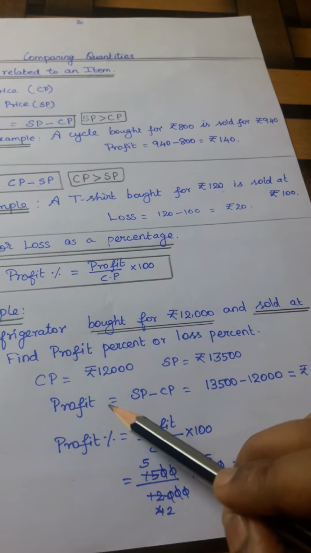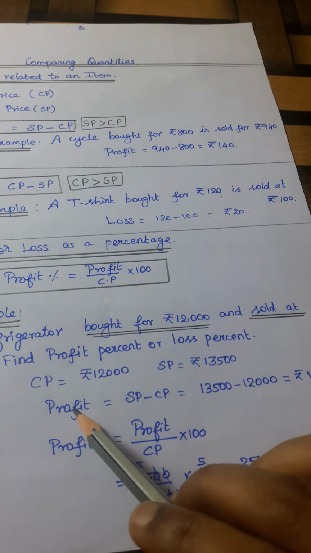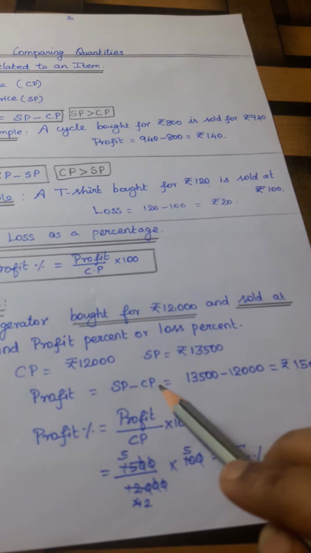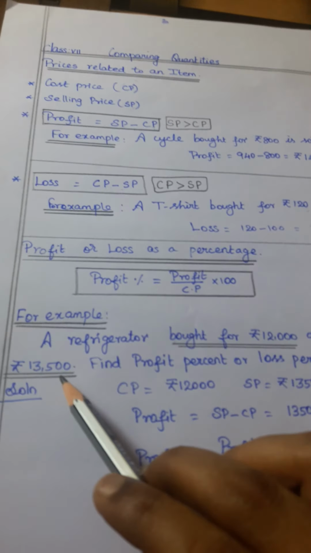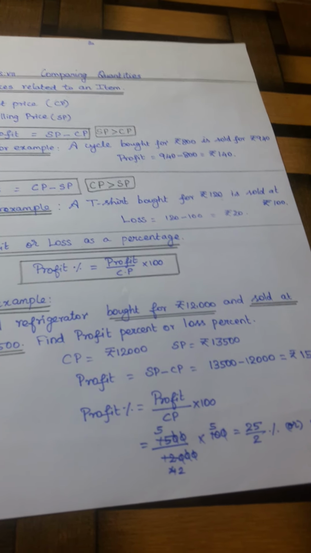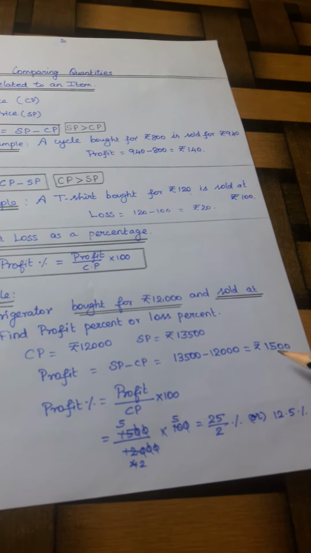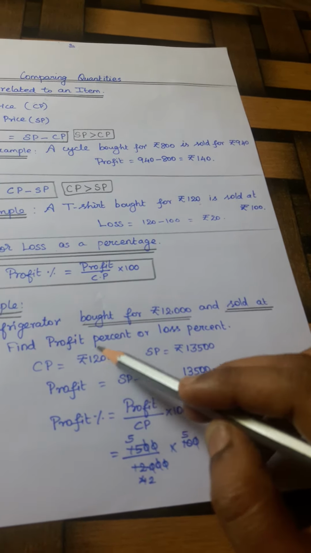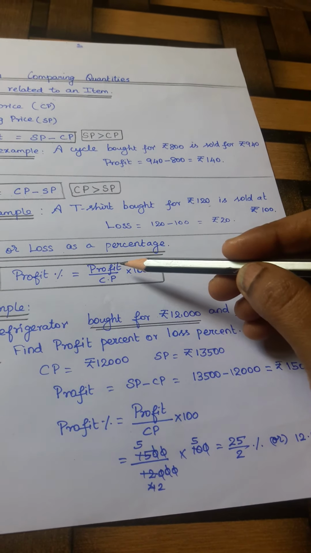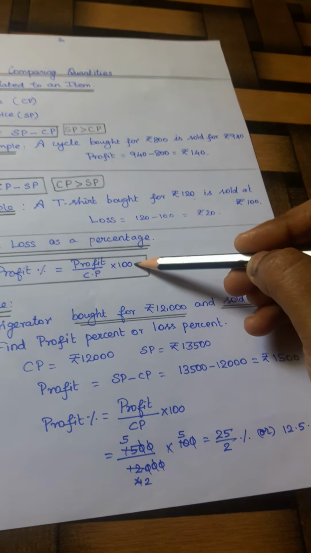So first you find the profit amount. For that you use this formula: profit is equal to selling price minus cost price. The selling price is 13,500 minus cost price 12,000, so the difference is 1,500. That is our profit amount. Now we want to find the percentage value. Profit percentage is equal to profit by cost price into 100.